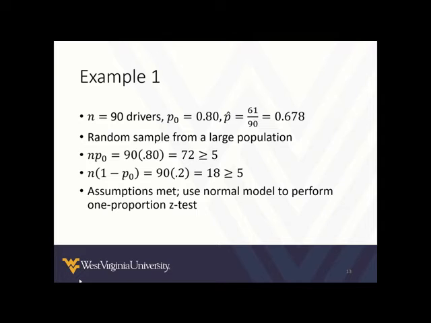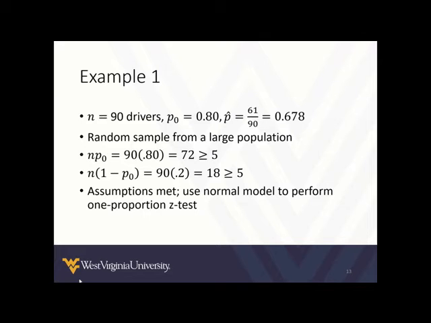And so we can see that we have n equal to 90 drivers, p naught equal to 0.8, and p hat is going to be that sample proportion of 61 over 90, which is equal to approximately 0.6789.